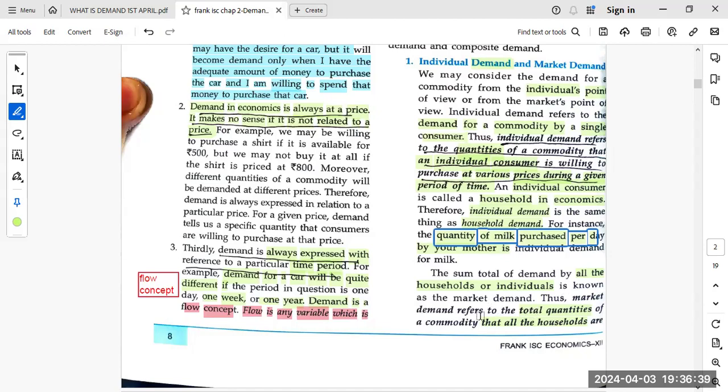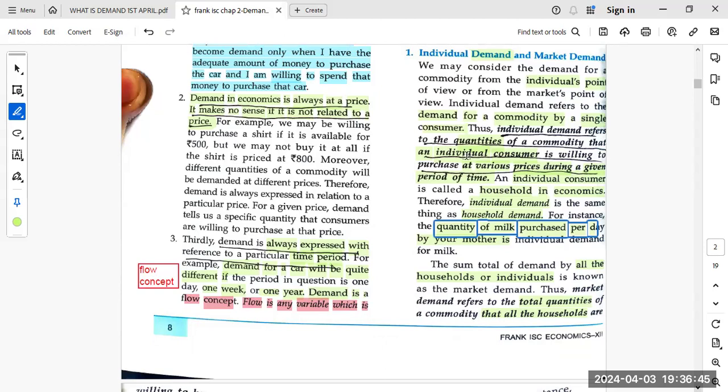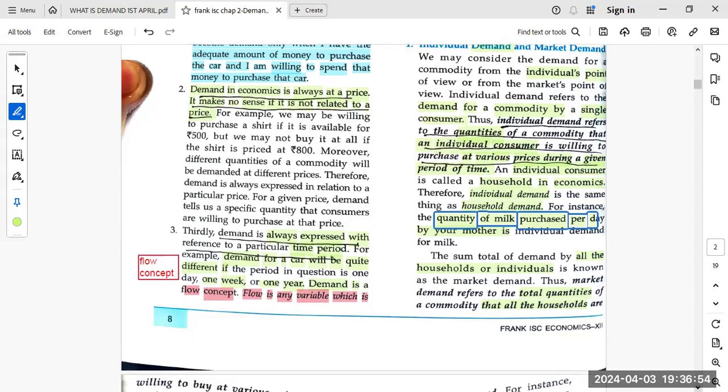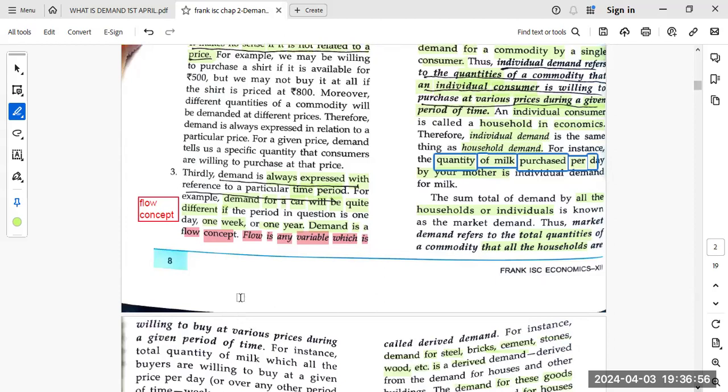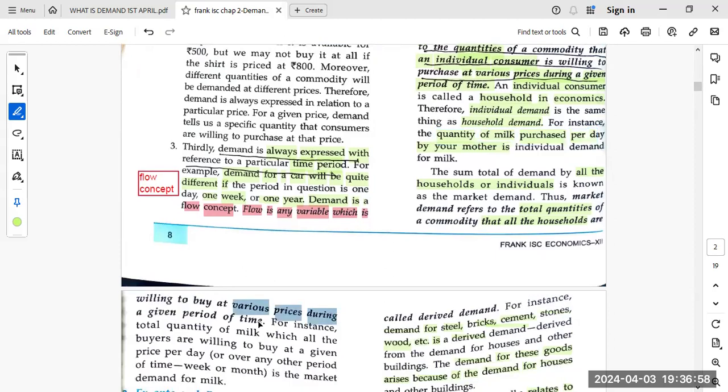So thus market demand refers to the total quantities of commodity that all households. The second time, the word individual gets converted into all households, that are willing to buy at various prices during a given period of time.